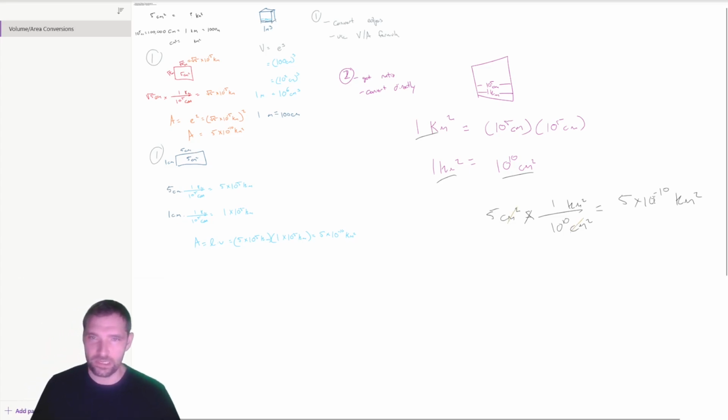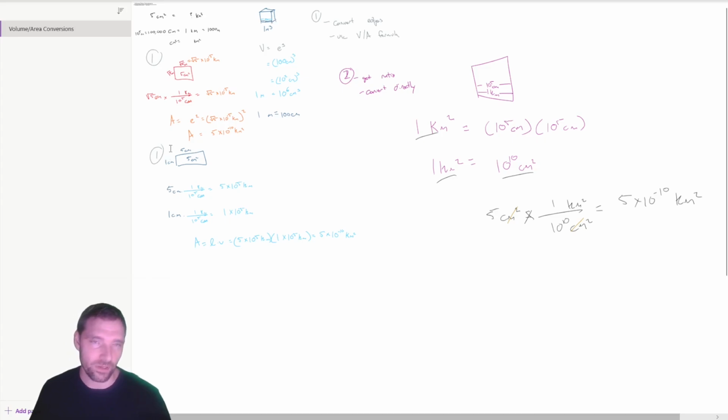So to just wrap this up, there's a couple options. You can either get the ratio between the two areas and then convert directly, or you can convert the edges first and use the formula. Some of these make more sense for some problems and less sense for other problems.